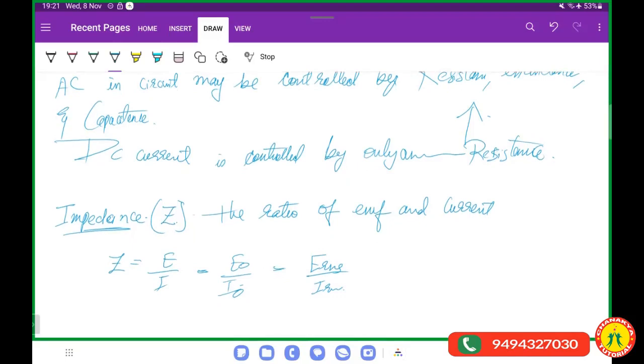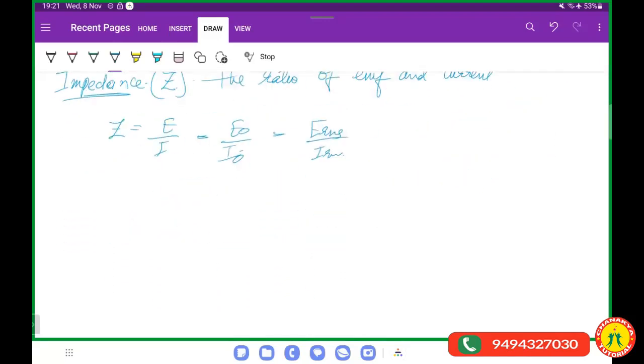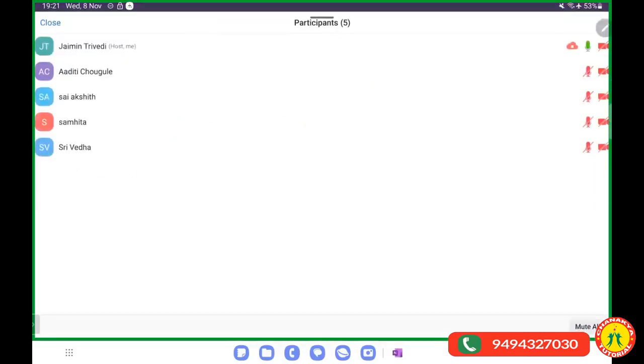Then what will be the unit of this Mr. Impedance, the newcomer? What will be the SI unit of Mr. Impedance? Can you guess? Any guesses?